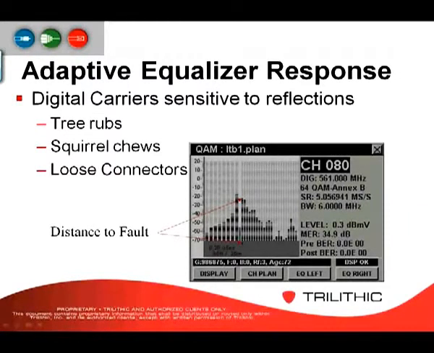Now, set-top converters have an adaptive equalizer that senses the amount of reflections and compensates for it. It's good information to know how hard the adaptive equalizer is working to determine if there is any margin for system degradation.